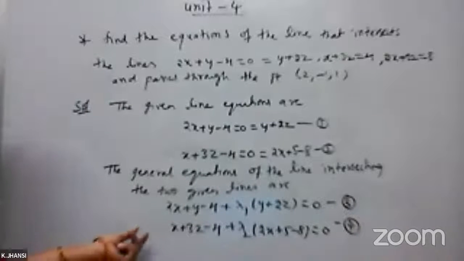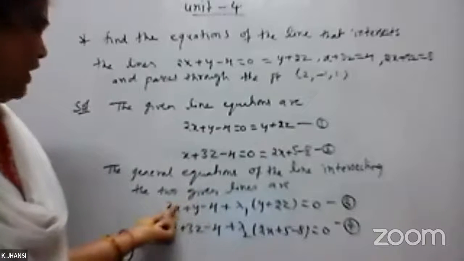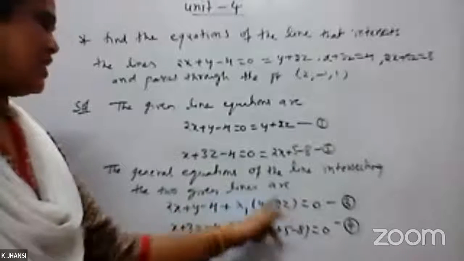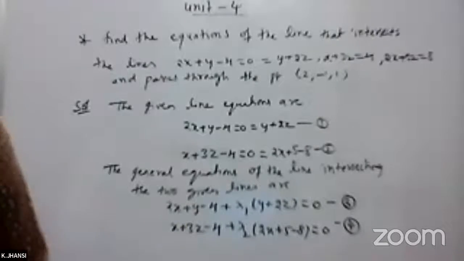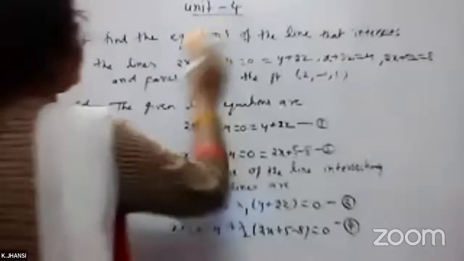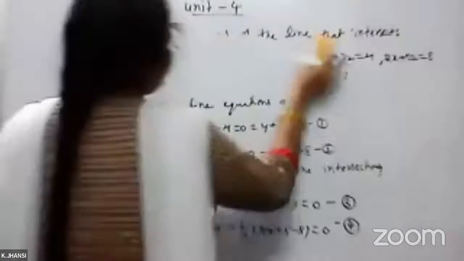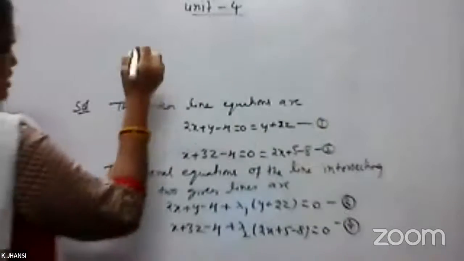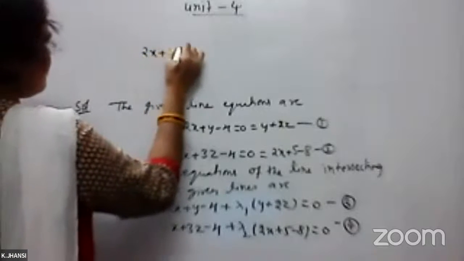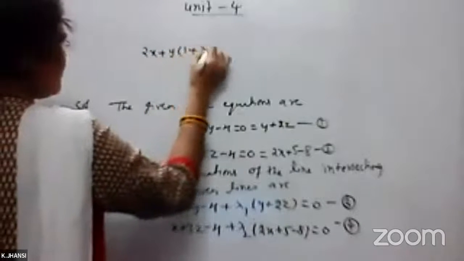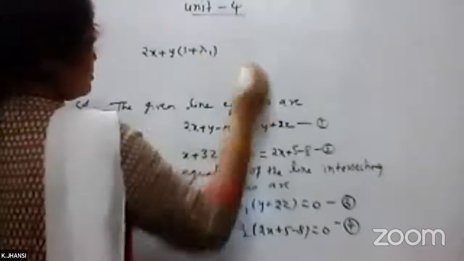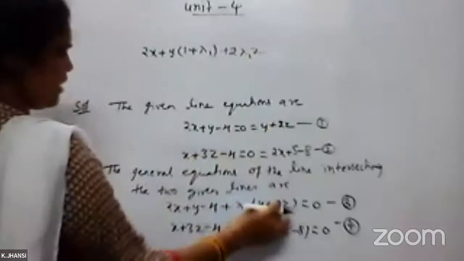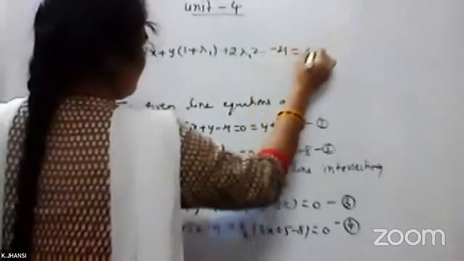Okay, here if you want we can simplify this one. Here only one x is there, but y and 2z are there, and only single z is there, just simplify that. So you can write 2x plus y into 1 plus lambda 1, plus 2 lambda 1 z, minus 4 equals 0. First one.